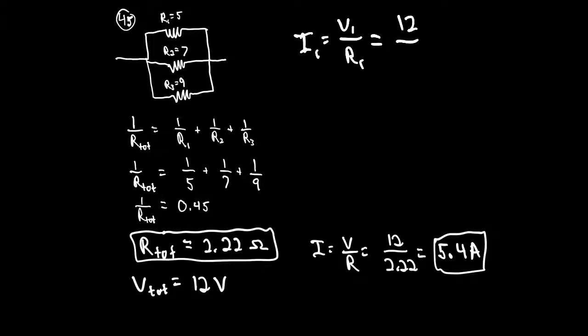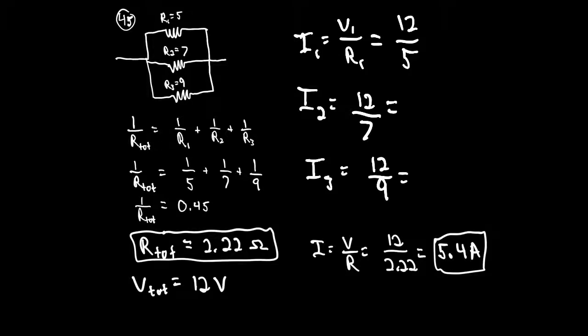So it's 12 over 5 for I1. I2 would be 12 over R2, which is 7. I3 would be 12 over R3, which is 9. So then just do those divisions. 12 over 5 is 2.4. 12 over 7 is 1.7.